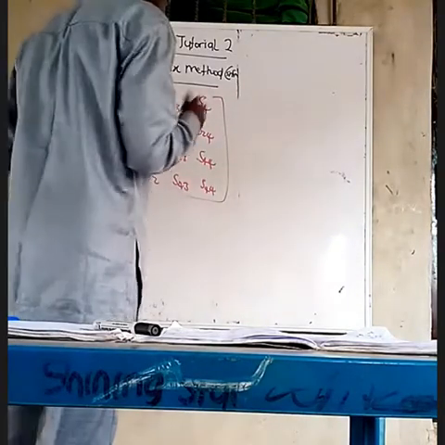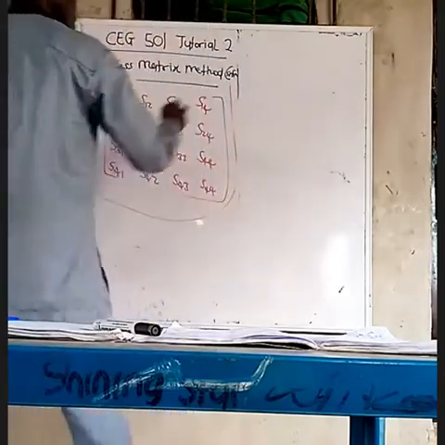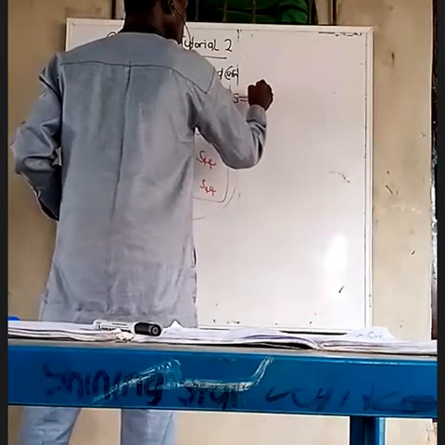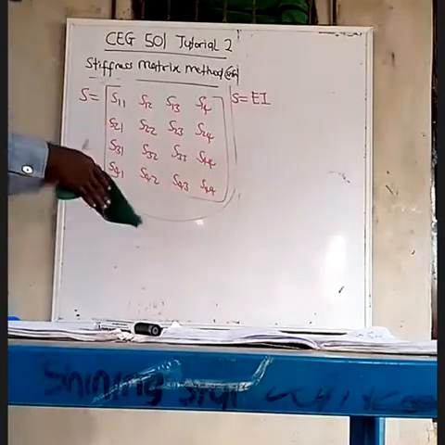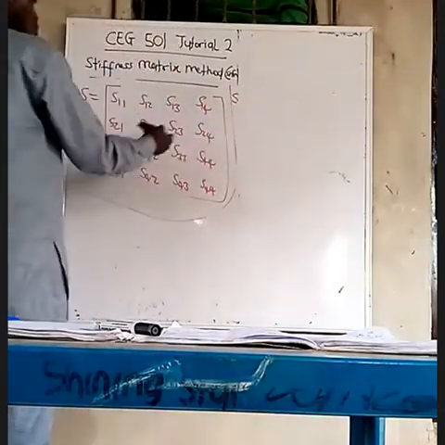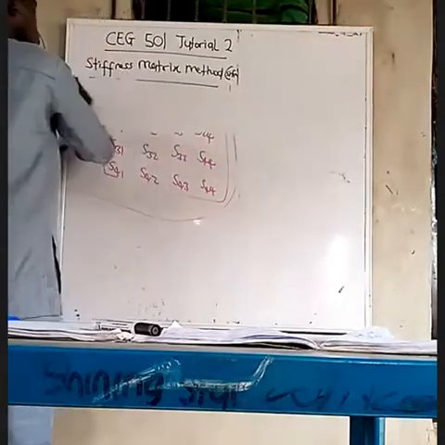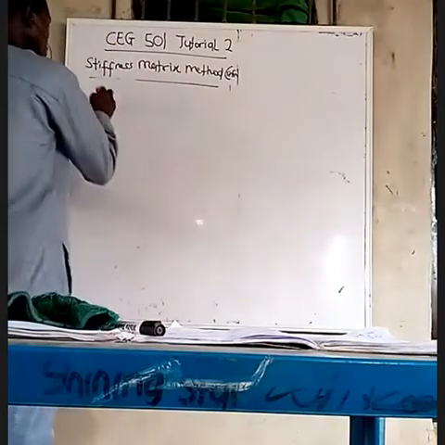So let's put it inside. Now, if we put it inside, we can do that by ourselves. So I'll just give us the final formula. S will be equal to EI. I will clean this now.